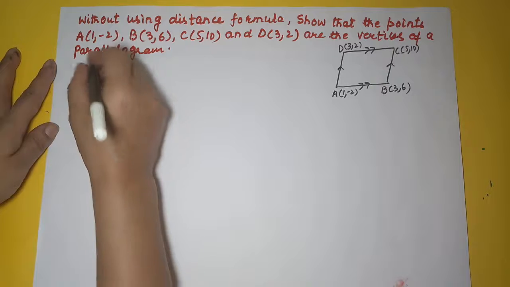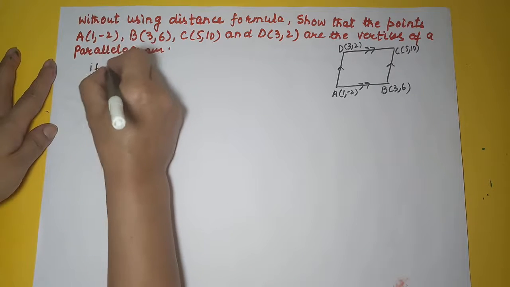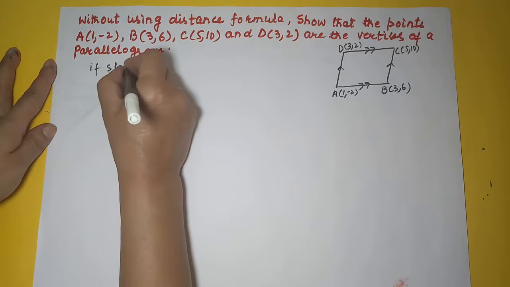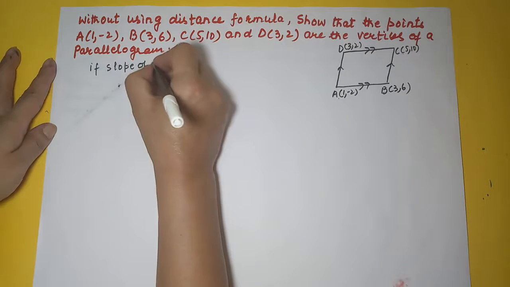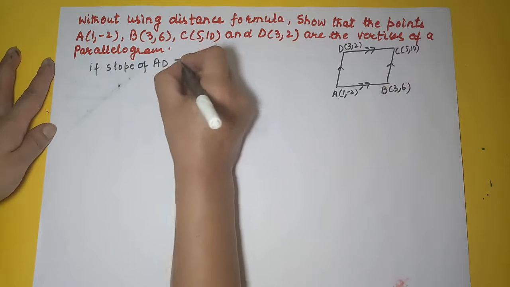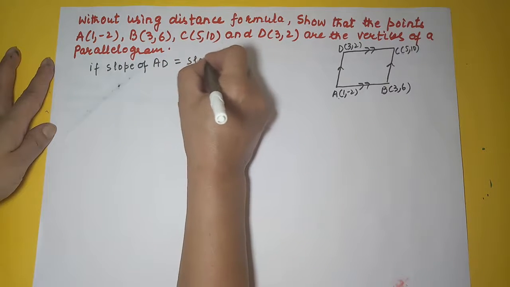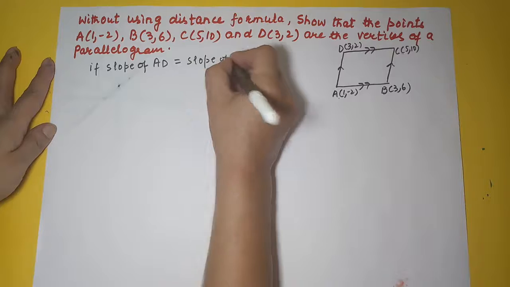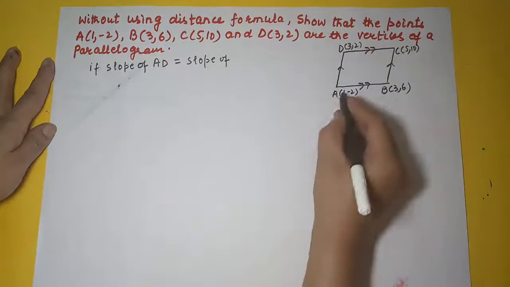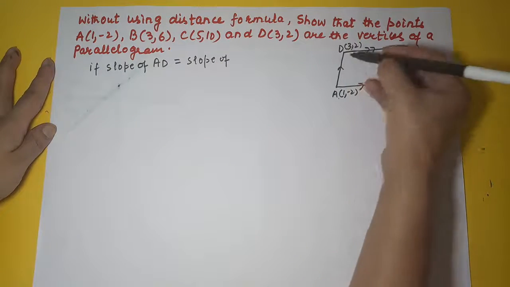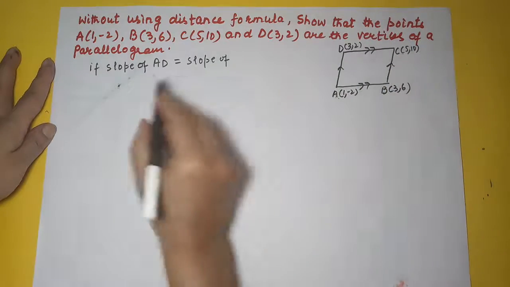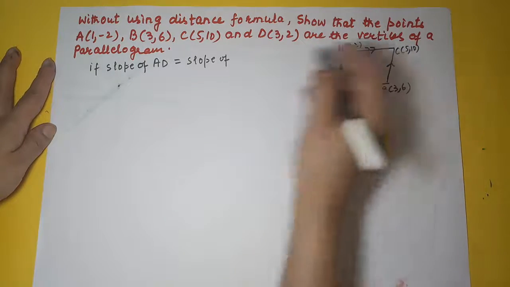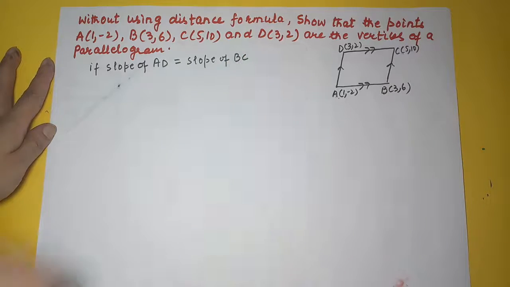So we can say if slope of DA or AD is equal to slope of BC, then you have to write BC. If you are writing AD here, if you would have written DA here, then on this side you would have to write CB. But if you are writing AD, then take BC, slope of BC.